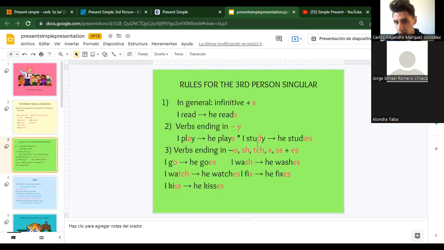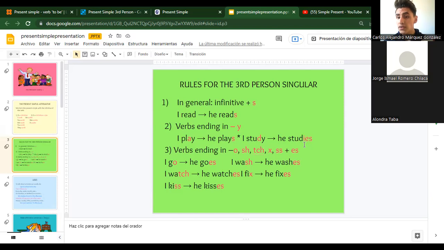But in this case, it's different. Here we have a consonant and then a letter Y. I study: letter D and letter Y. We're going to add IES. He studies.